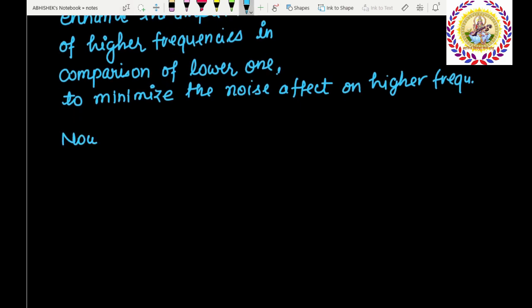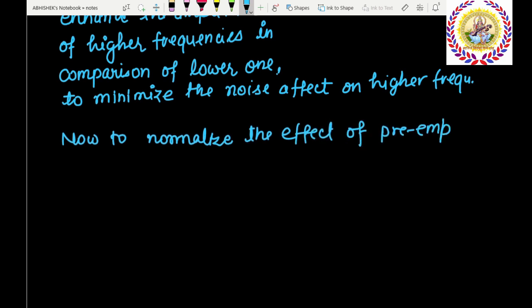Now, to normalize the effect of the preemphasis circuit, deemphasis is used at the receiving end.